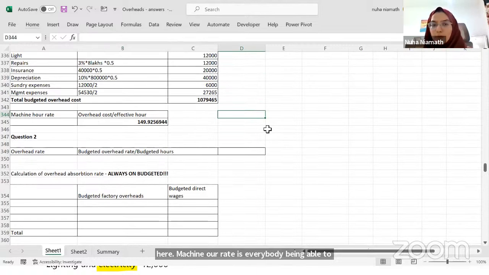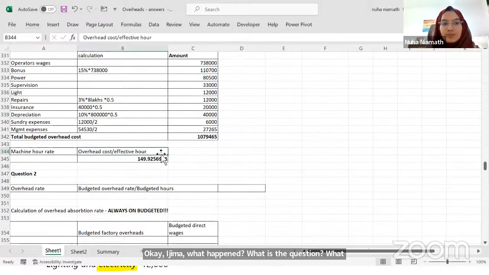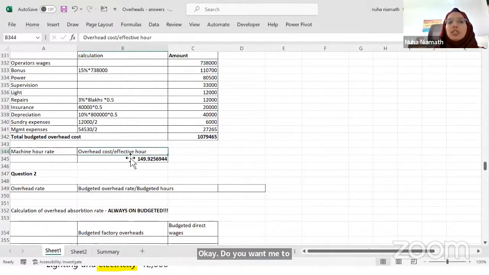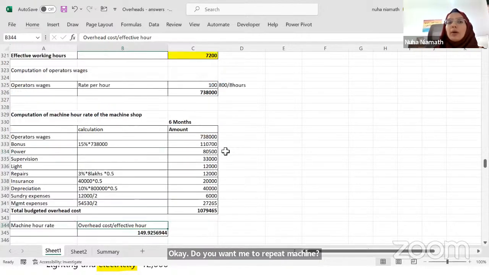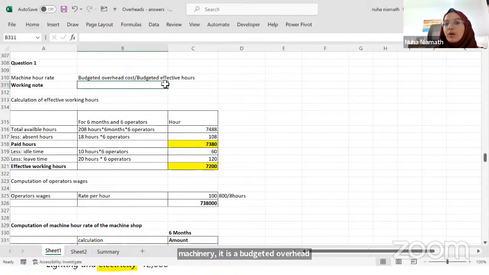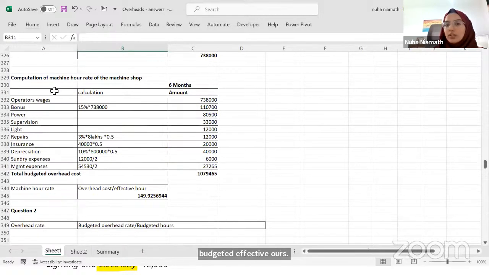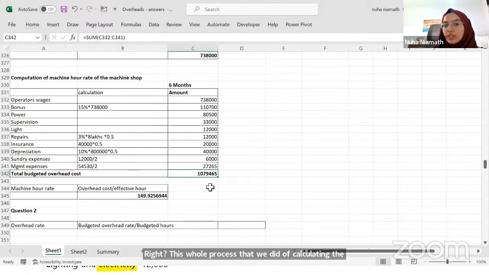Machine hour rate, has everybody been able to calculate? Okay, Ajmal, what happened? What is the doubt? Okay. Do you want me to repeat machine hour rate? Machine hour rate is your budgeted overhead cost divided by budgeted effective hours, right? This whole process that we did of calculating the cost was the total budgeted overhead cost that we have calculated. So 10,79,465 is our overhead cost.